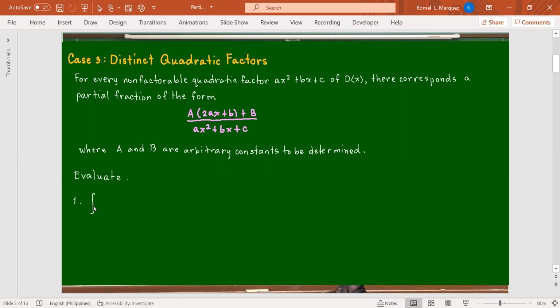Given the integral of the quantity 7x cubed plus negative 3x squared plus 19x minus 18, dx, all over x to the fourth plus 5x squared plus 4.